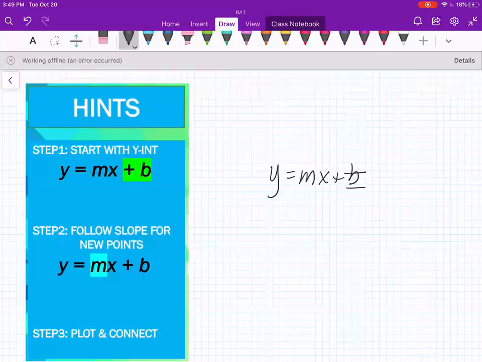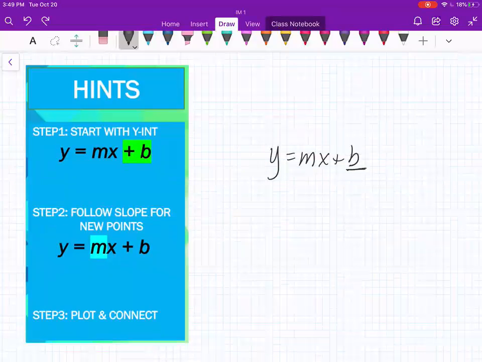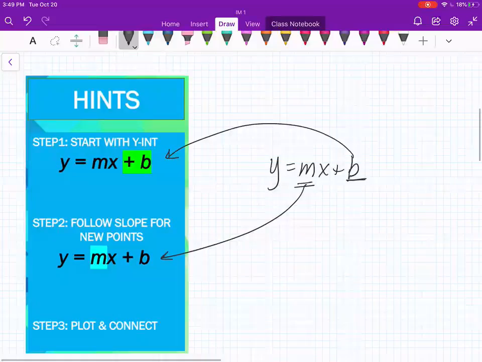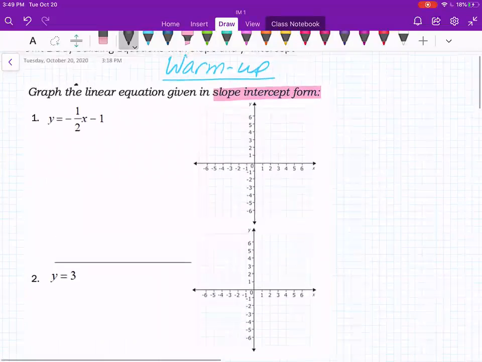Your b is your y-intercept right here, and your m is your slope down here. So you want to figure out what is your y-intercept, and then you would need to find your slope, and then you can graph this. So pause the video and do the best you can.